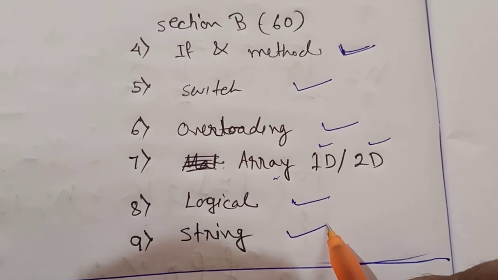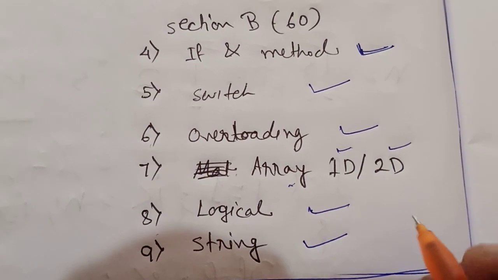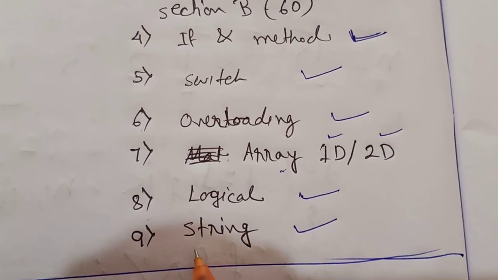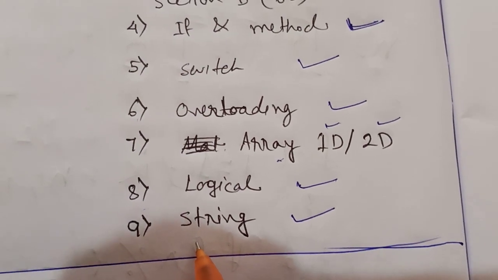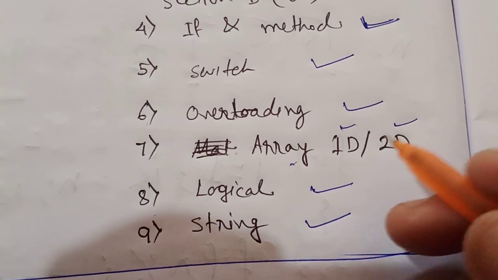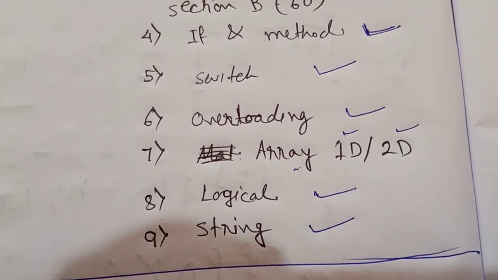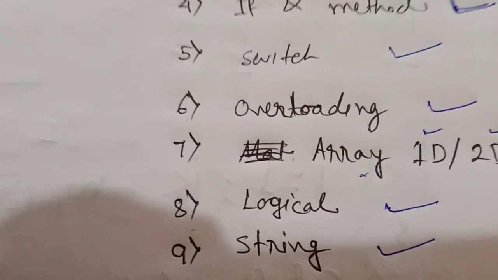So before entering the topic, I'm telling you, please read the string methods, the predefined methods present in your book: length, charAt, substring, equals, compareTo, and other methods present for string.